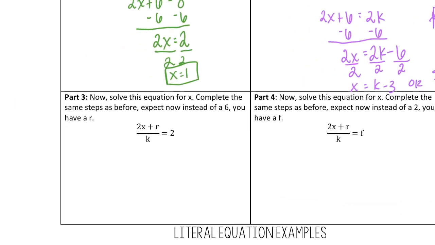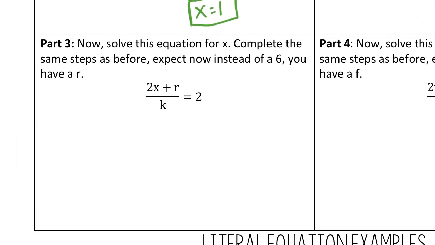Now let's add another variable. You'll notice that in place of our denominator, we still have k, and now we have an r. Our job in this problem is to still isolate this x. We're going to use all the same steps that we used before. We're going to multiply by k. So we have 2x plus r equals 2k.